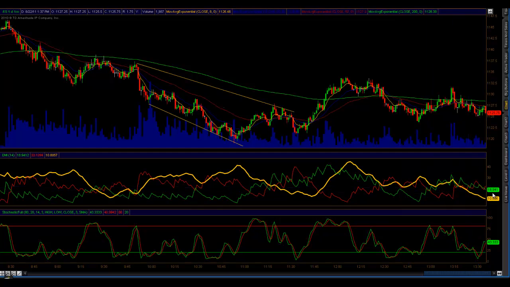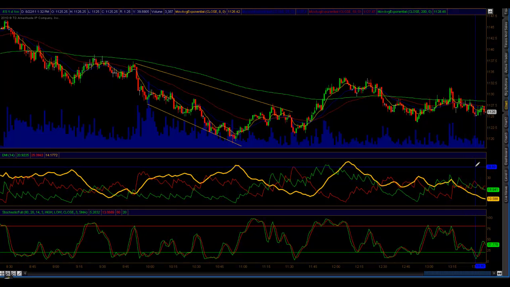Anything below 20 over here is telling you the trend is dead or that there's a trend change coming. And anytime it gets above 40, you know you're really in a strong moving trend, and I would not recommend trading against that trend until you see some exhaustion or the turning over of that particular trend.